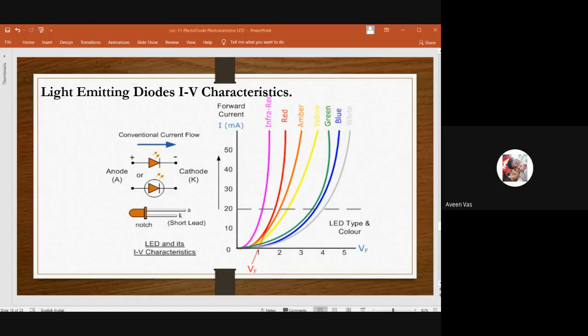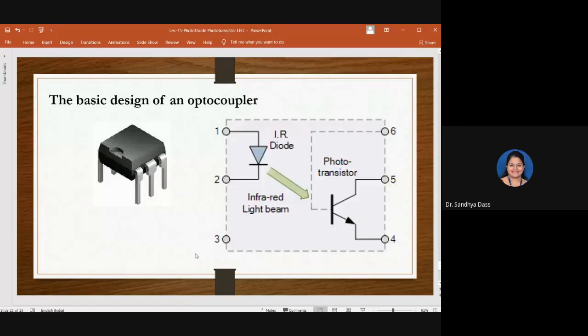Ma'am, what is the use of an optocoupler? That is to isolate the electrical circuits. Let me show you that. This may look like one device, right? But internally, there is no electrical connection between the LED and the photosensitive device. There is no electrical contact there.